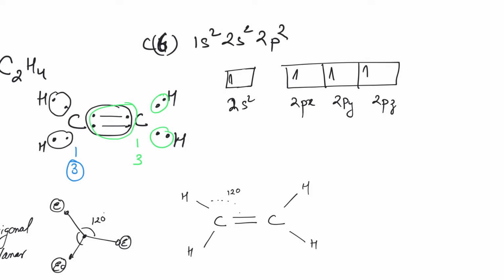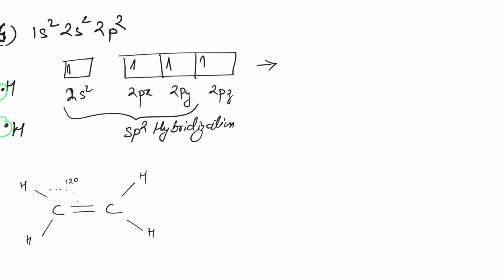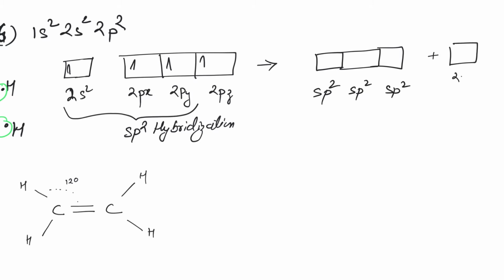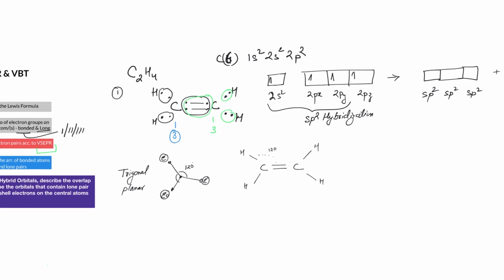Since only 3 electron groups are involved, we say only sp2 hybridization takes place. That means upon hybridization, we have 3 sp2 hybrid orbitals and 1 2pz orbital. Now this applies to both the carbon atoms that we are talking about.